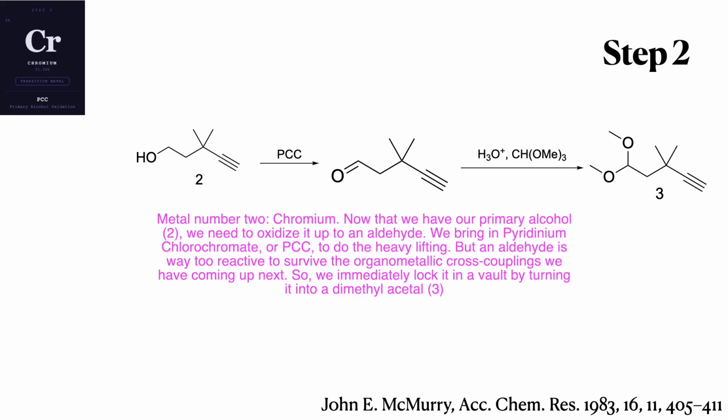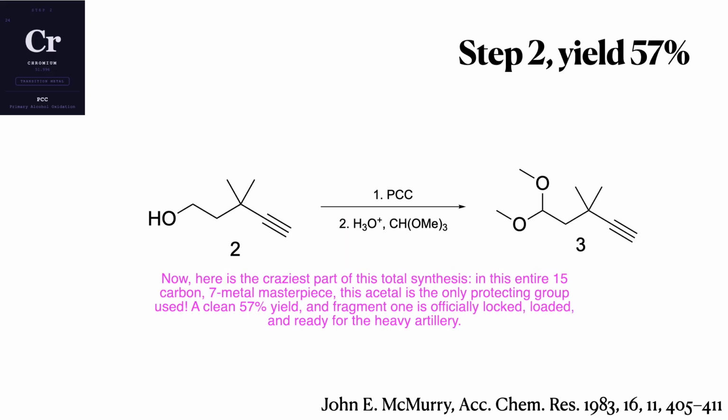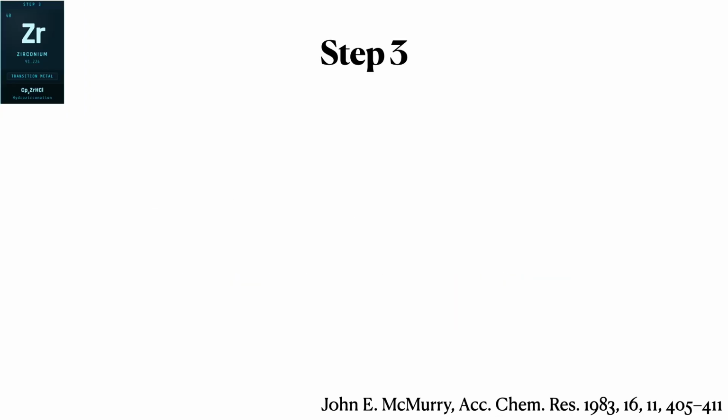So we immediately knock it out by turning it into a dimethyl acetal. Now, here is the craziest part of this total synthesis. In this entire 15 carbon, 7 metal masterpiece, this acetal is the only protecting group used, a clean 57% yield. And fragment 1 is officially locked, loaded, and ready for the heavy artillery.